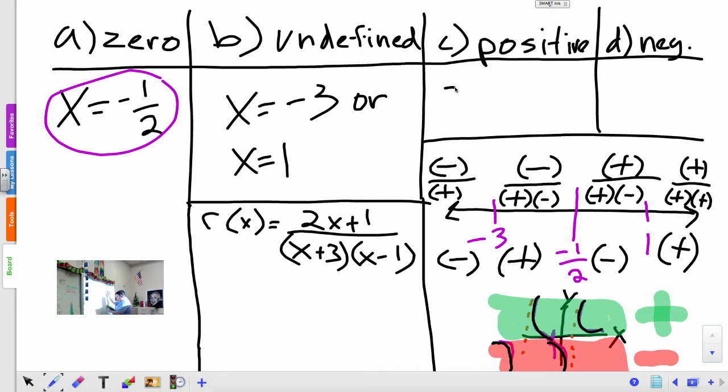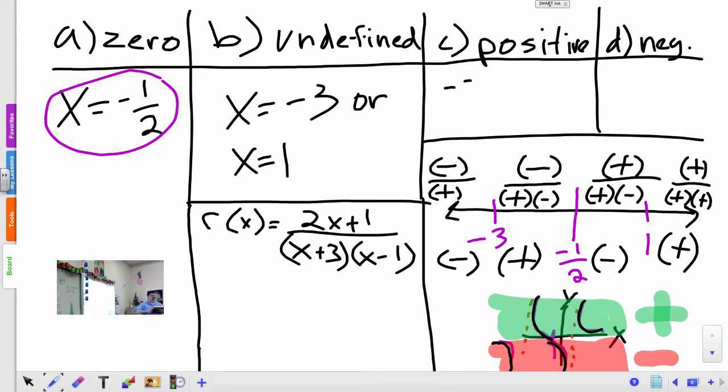So when is this thing positive? Well, this thing is positive from -3 to -1/2, right?